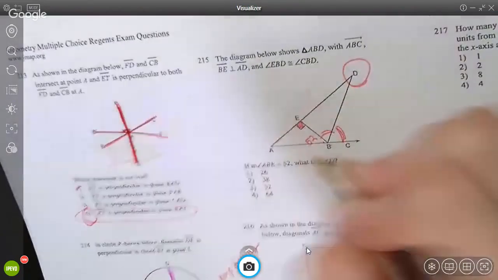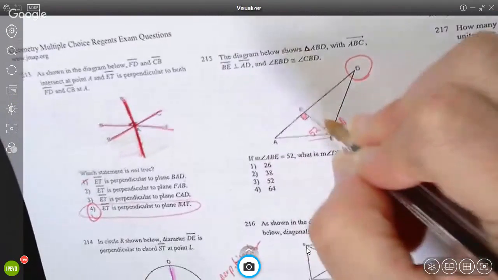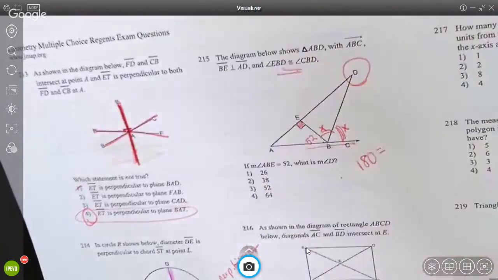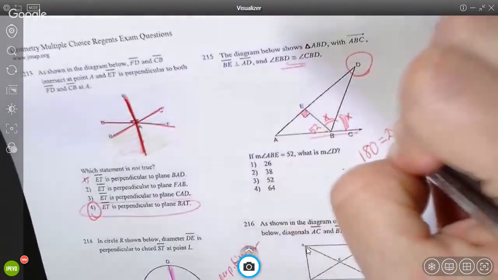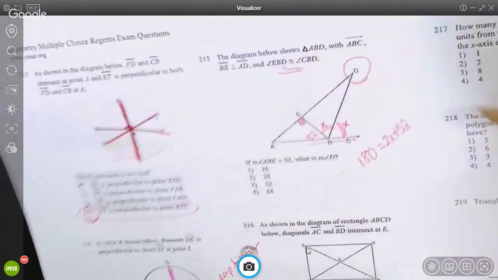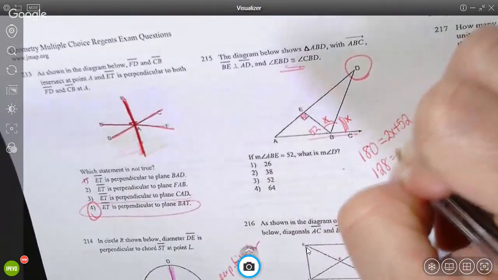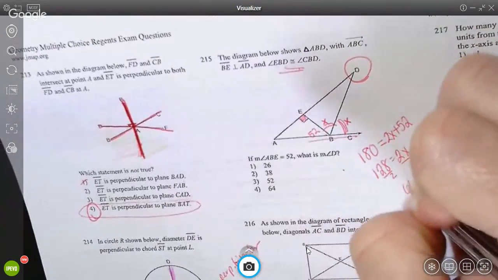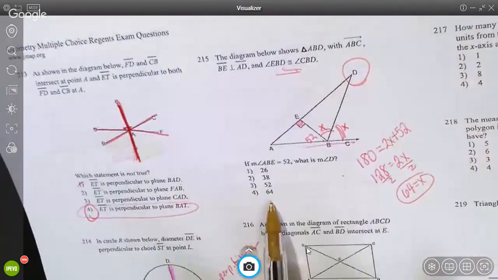First, we know this is a straight line, so it's 180 degrees. Since these are the same measurement, because they say it's congruent up here, we can just put in X. So I've got 2X plus 52 equals 180. 128 equals 2X. Divide everything by 2. You're left with 64 equals X. But look, here's 64.